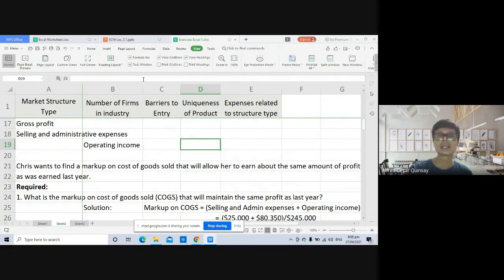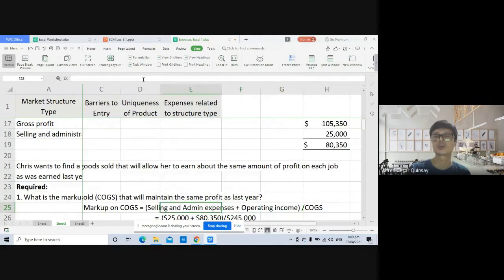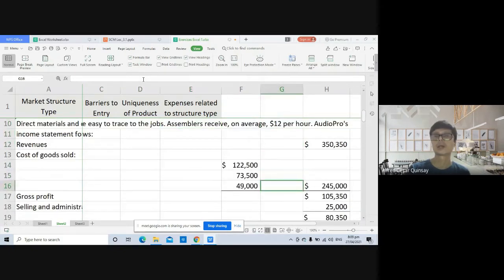So, kukumputin natin yun, no? Yung markup based on the cost of goods sold. No? Okay, so kukunin natin markup on cost of goods sold. So ano ba yung sa cost of goods sold? So isasama mo dyan yung selling and admin plus yung operating income. No? Okay, tapos over cost of goods sold. No? Okay, bakit mo sinama itong selling and admin? Ayun siya. Okay, so ito yung gross profit, di ba?